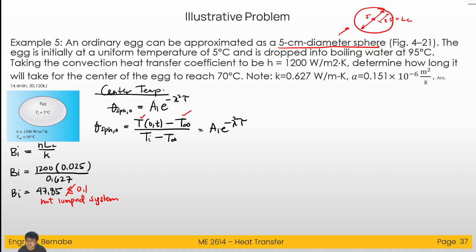Ti, the initial temperature, is 5, probably from the refrigerator. We don't know the tau yet, but we can find this lambda and this coefficient A1 using the Biot number 47.85.